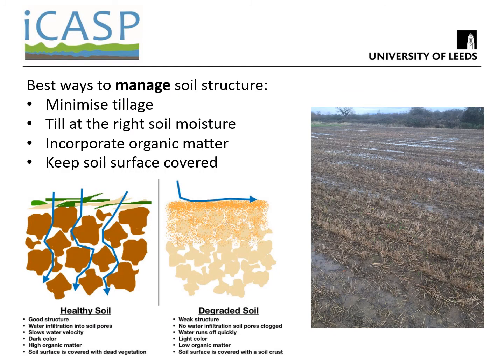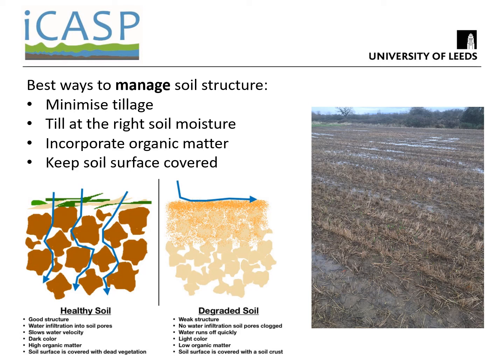So the best way to preserve or maintain or improve soil structure is to minimise tillage. If that's not possible, till at the right soil moisture when it's not too wet, to incorporate organic matter, as this has a really beneficial effect on soil structure, and to keep the soil surface covered.